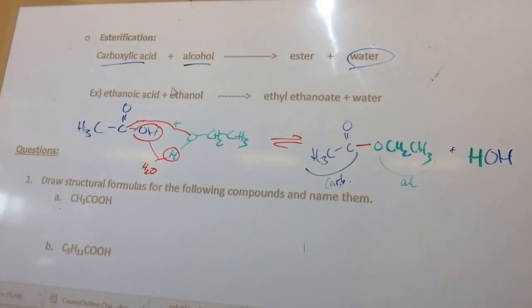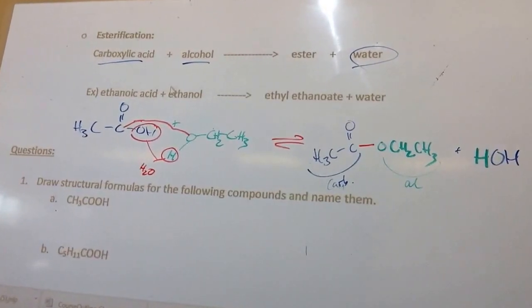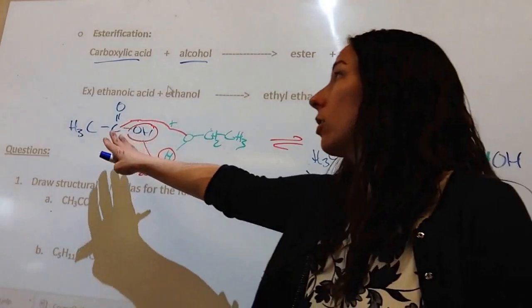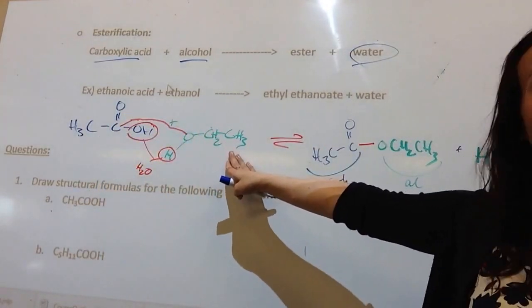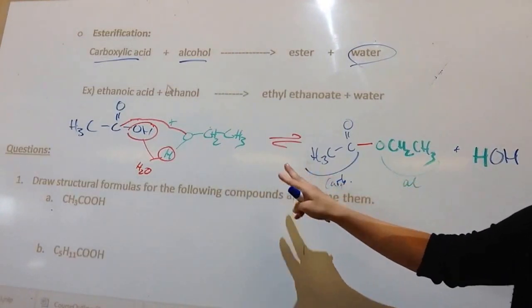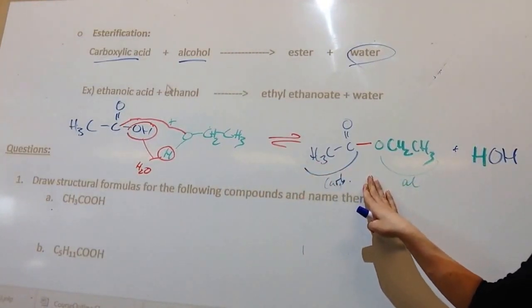Yes? How do they stay from going back? Like when you have an ester that keeps smelling, how do you keep it from going back? Le Chatelier's principle. Actually, this is the exact example I gave when we talked about Le Chatelier's principle. I had vinegar smelling, vodka smelling, equilibrium, peppermint.